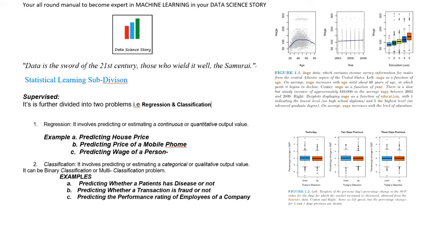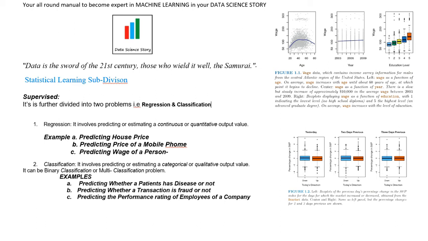For example, a person may have a particular disease or may not have that disease. The classification problem further divides into two subclasses: binary classification and multi-class classification.